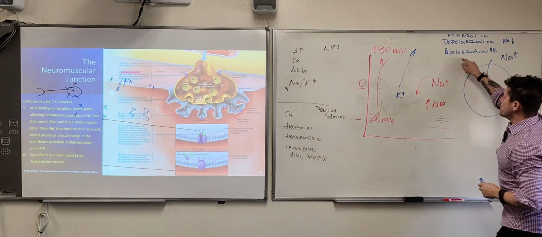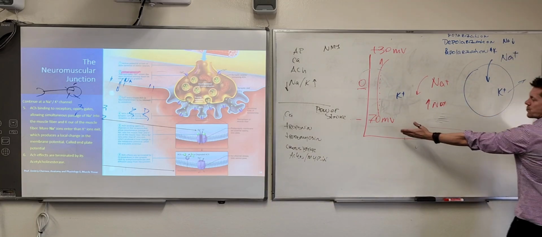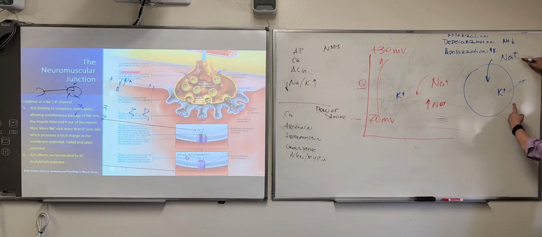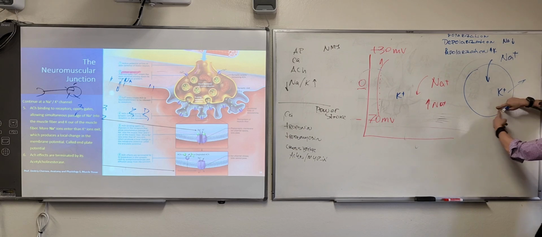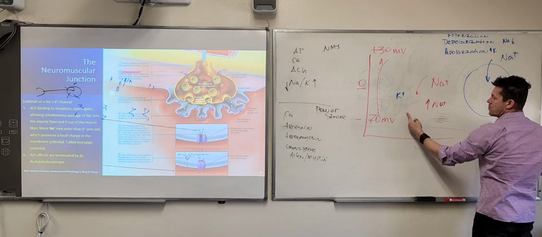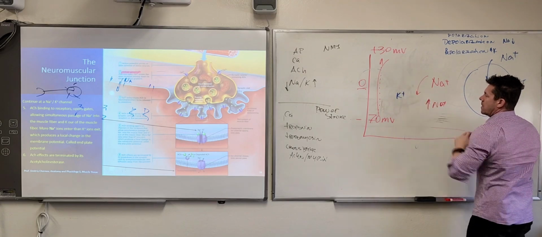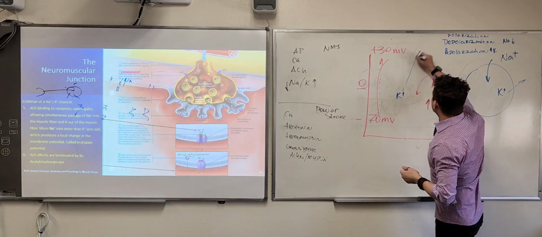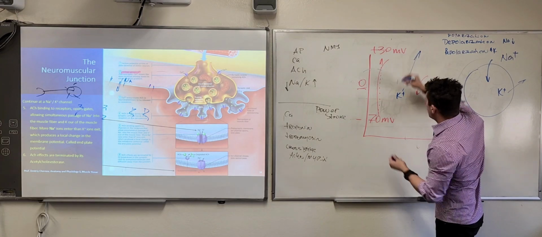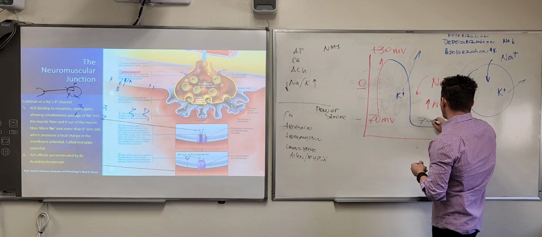And that's repolarization. So in the polarized state, at minus 70, sodium is outside, potassium inside. Sodium enters, positive enters, so the membrane becomes more positive or less negative, traveling to plus 30. And now you're removing potassium, and you're going from plus 30 back to minus 70.